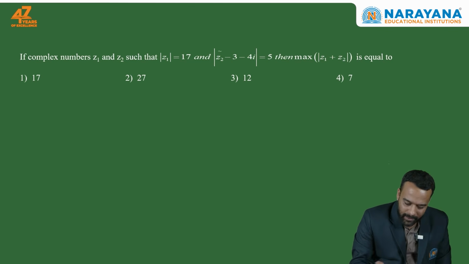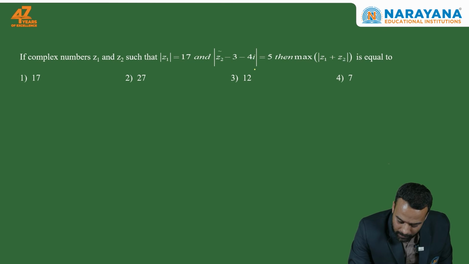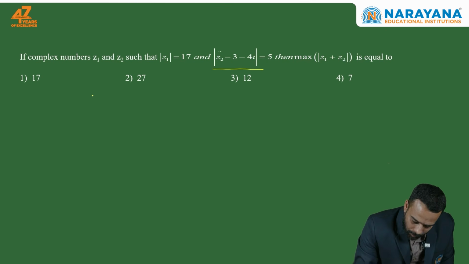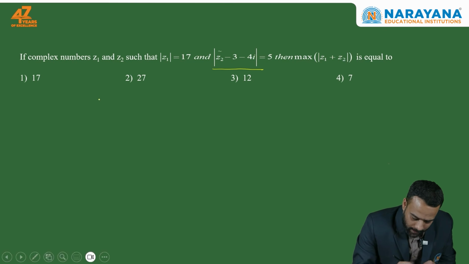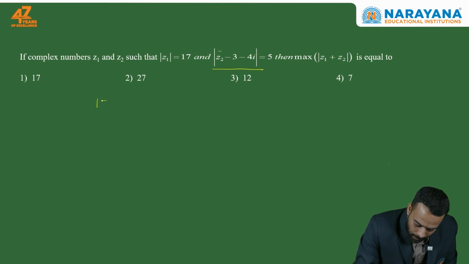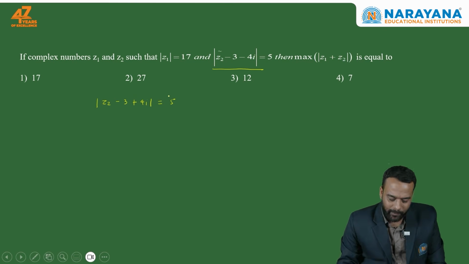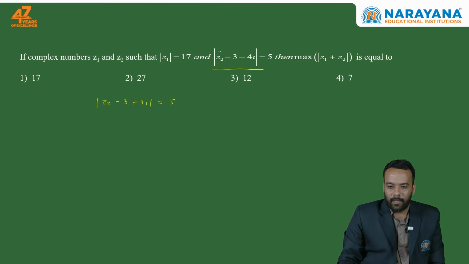I will start with the second equation first, which is this format. So if you see, I will take mod both sides. So what I'll be getting? Mod of z2 minus 3 plus 4i is equal to 5. So we can see that this is the circle whose center is (3, minus 4) and radius is 5.